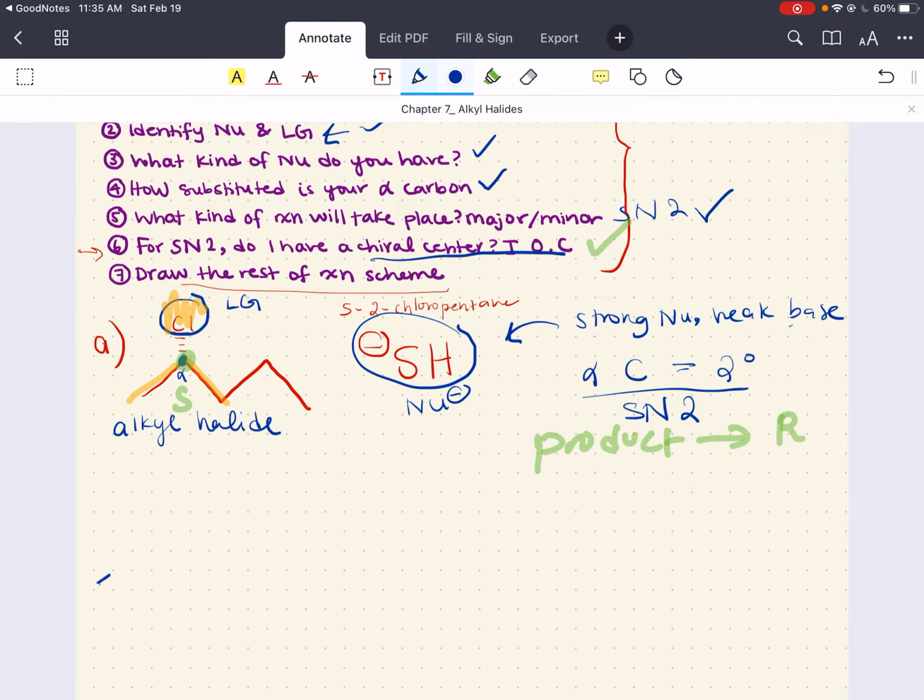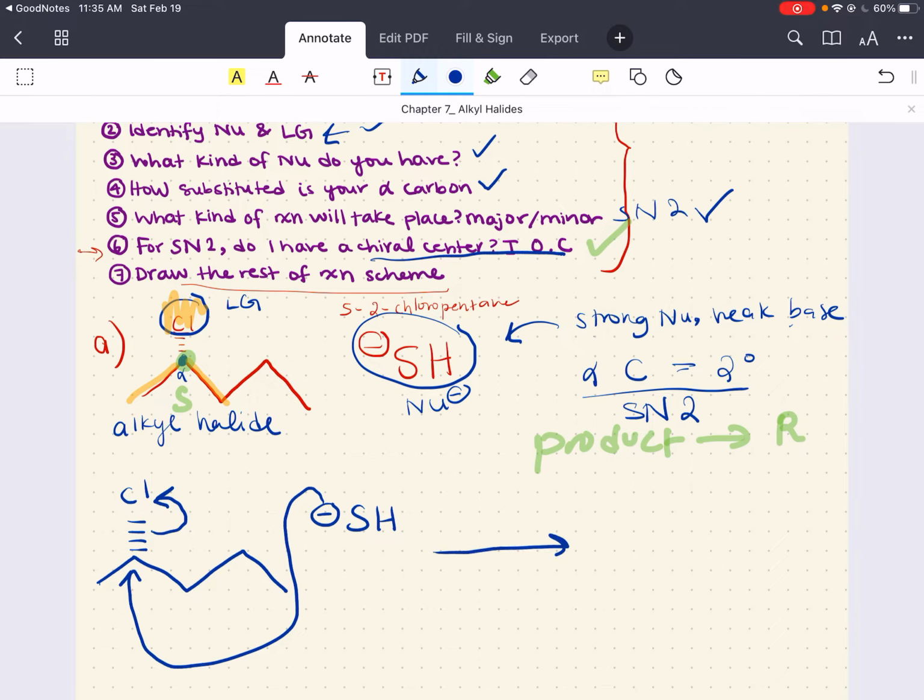So we're going to go ahead and draw it out. Here's our Cl. Here's our SH, our nucleophile. It's hitting on our carbon. She dumps her chlorine boyfriend, sorry, and now she starts dating nucleophile SH.